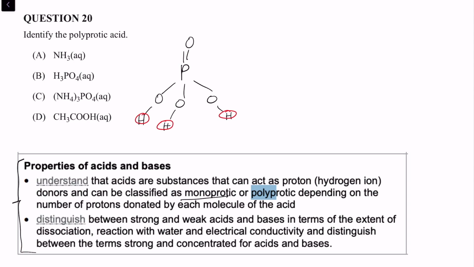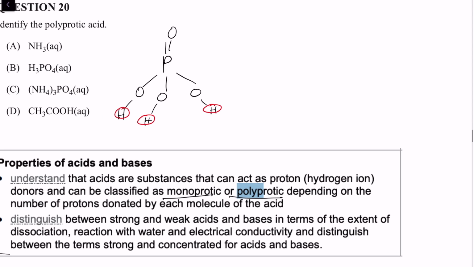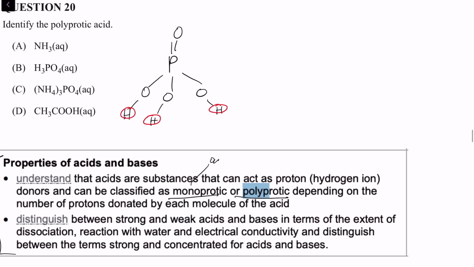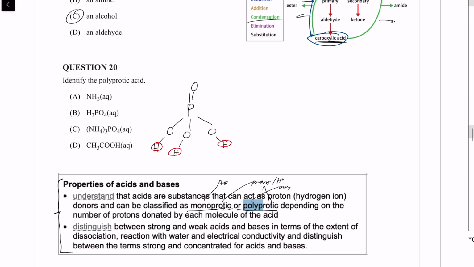If we remember these key prefixes: mono meaning one, protic as in protons or hydrogens, H pluses, and poly meaning many. Protic is the same, depending on the number of protons donated by each molecule of the acid.